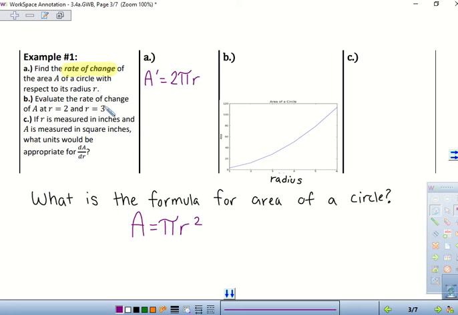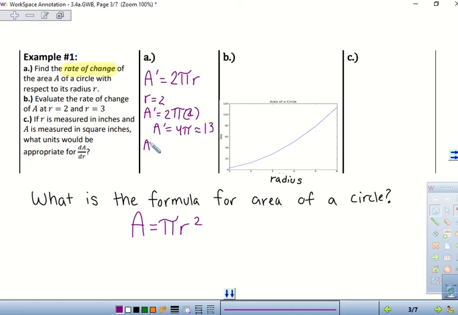So then it says evaluate the rate of change at r equals 2 and r equals 3. So let's do r equals 2. We're just going to plug in for r, which gives me 4 pi, right? Which is approximately 12. Well, we can do a better approximation. Let's see, pi in the calculator, pi times 4, that's approximately 13.